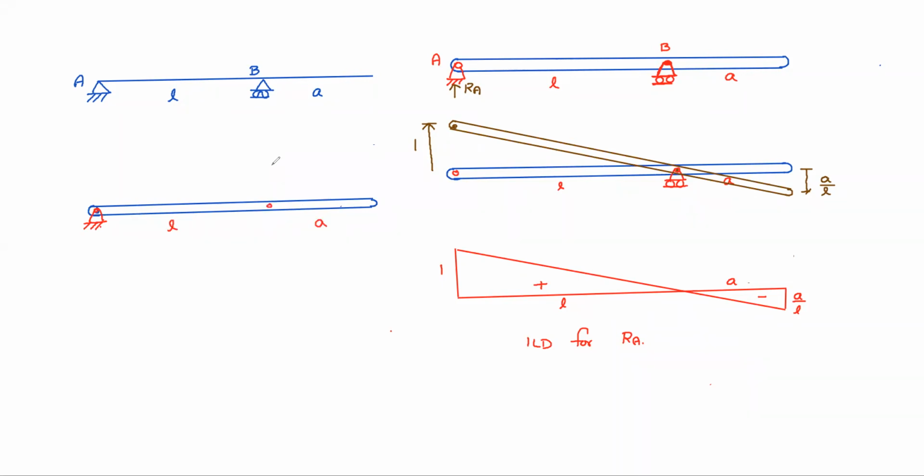Then I should give unit displacement at B in the RB direction. See, this is the RB. In the RB direction at B, I need to give unit displacement. Okay, so by giving that, I'll get the shape. The shape will be like this.